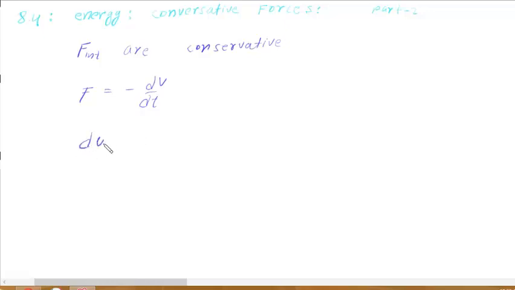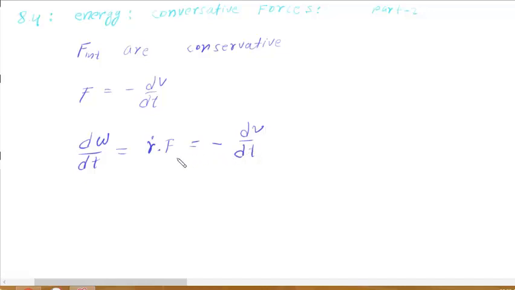The rate of working is equal to minus dU/dt, the rate of change of the internal potential energy.